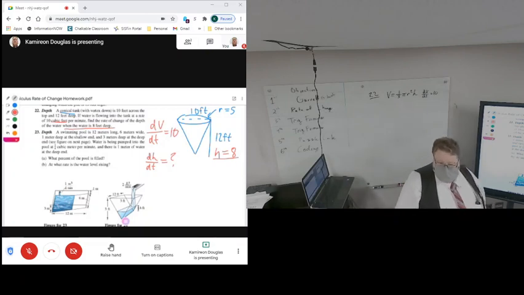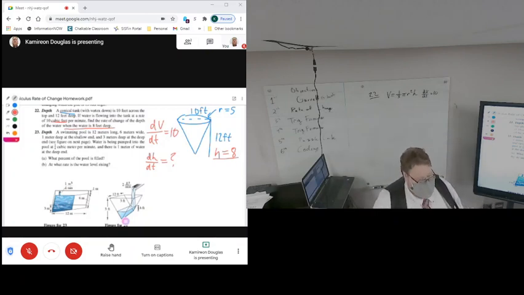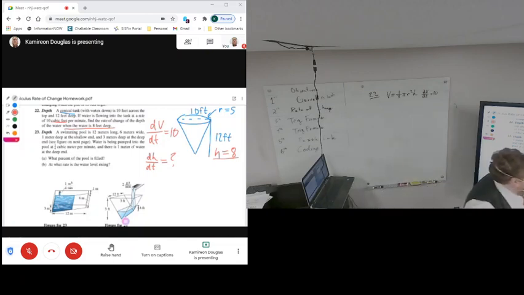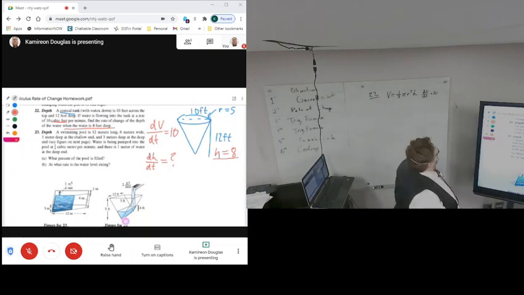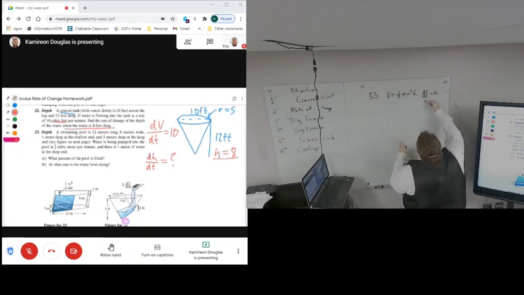Otherwise, how am I going to get dx/dt? Now I could have x be the height, I would just have to make that the case. So either these need to both be h's, or they both need to be x's. It should be the same thing though, because they're related. Alright. So you want to find h is equal to 8. We're going to find dh/dt.